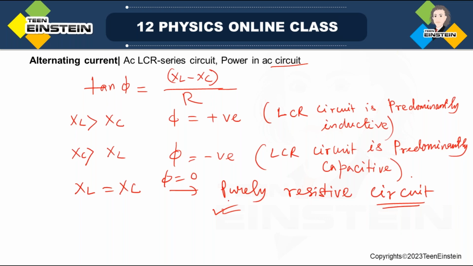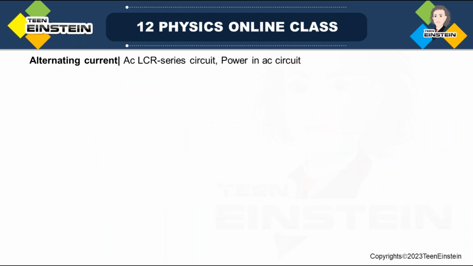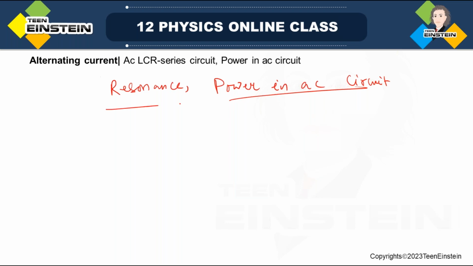Okay, so we'll stop it here for today. In the next class, we'll be discussing resonance, then power in AC circuit. So resonance in LCR circuit and power in all the circuits, we will see how the power is.